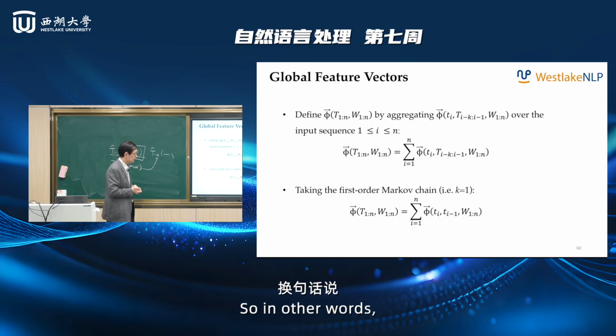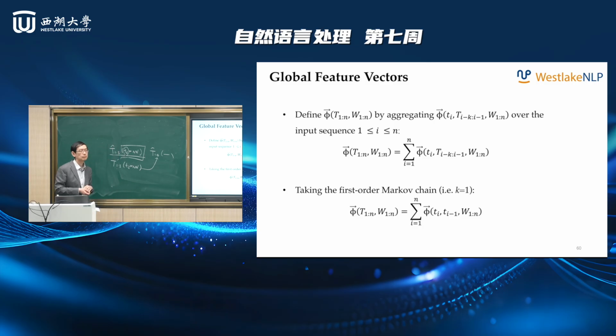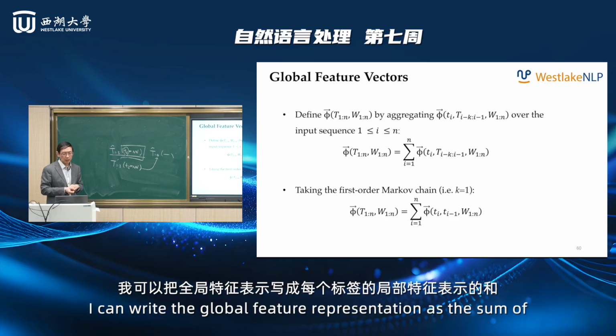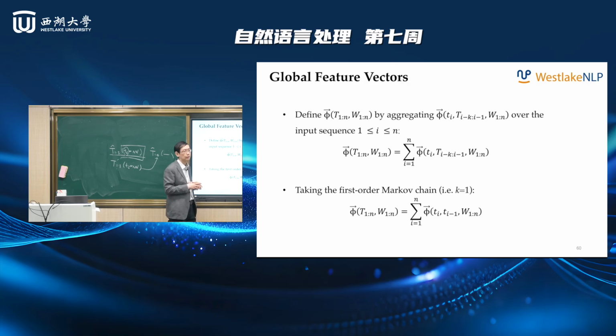So in other words, I can build a CRF using exactly the same feature templates as MEMM. I can write the global feature representation as the sum of the local feature representation for every tag.